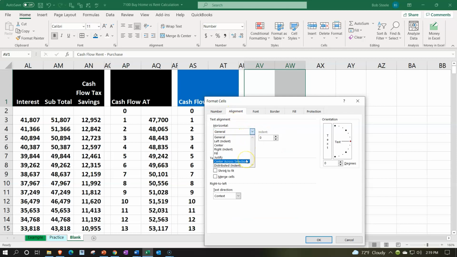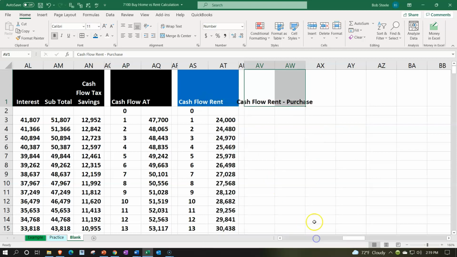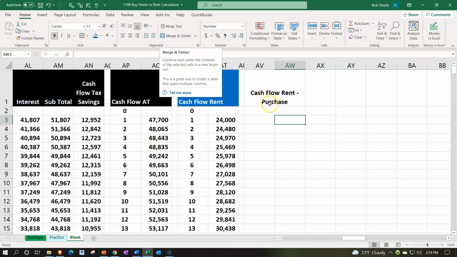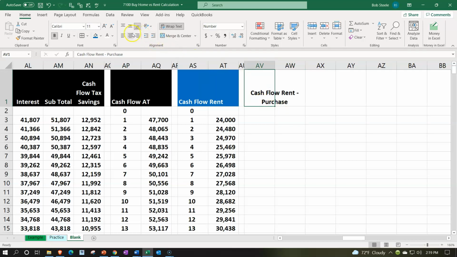I'd like to center this across the selection so that I could center it across those two. And then I could wrap the text here so that it wraps across those two cells without having to merge the cells, which I don't typically like to do. We could then right align it too if we want. Now let's center it across. Center across. Okay. So then this is going to be then 1, 2.